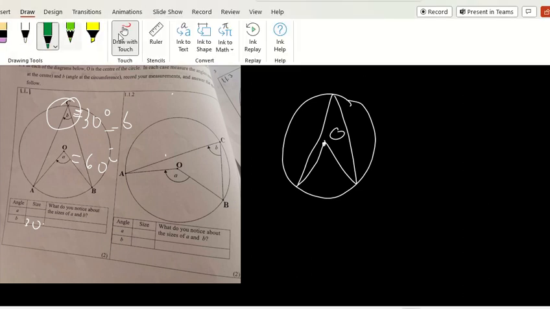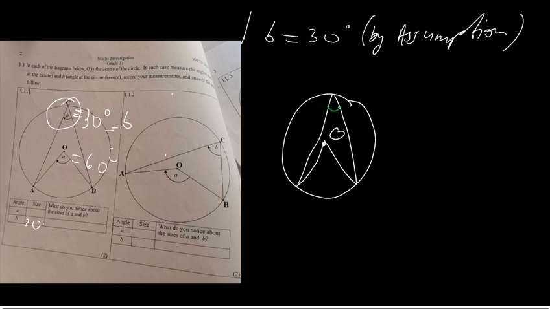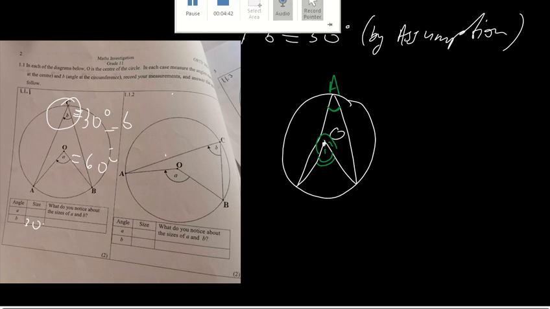Then this angle here is 2 times this angle here. So if this is angle A, then if this is angle A1, then here we have angle A2, then angle A is 1 over 2 angle O1, or angle O1 is equal to 2 times A.